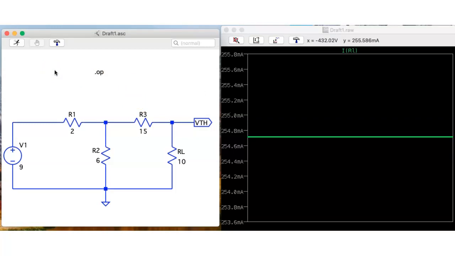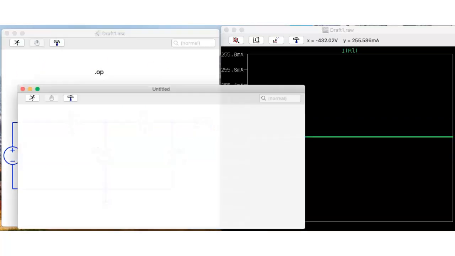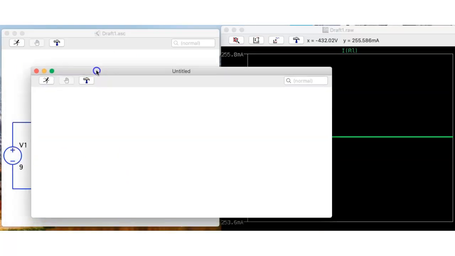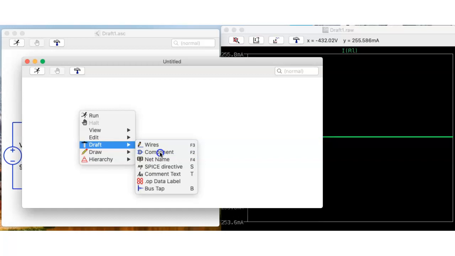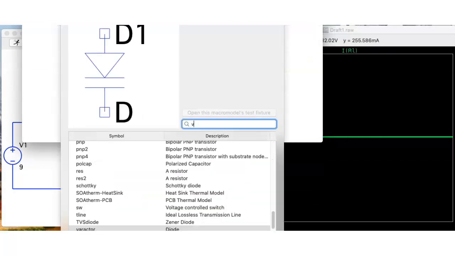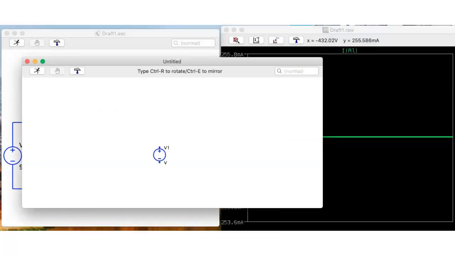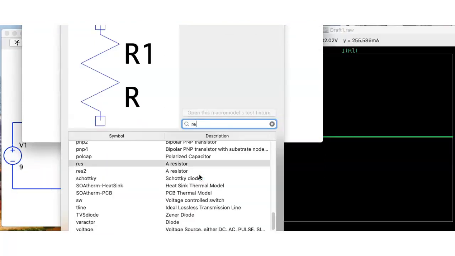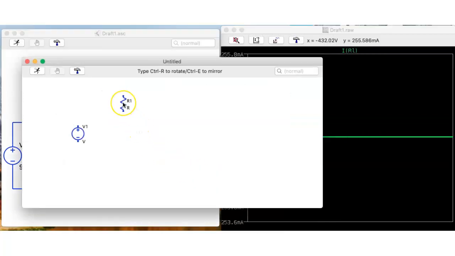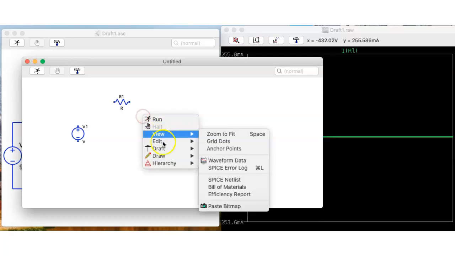To make a new circuit, let's open a new schematic and connect here a component, the voltage, put it here, and one resistance which is Thevenin resistance, and one load resistance.